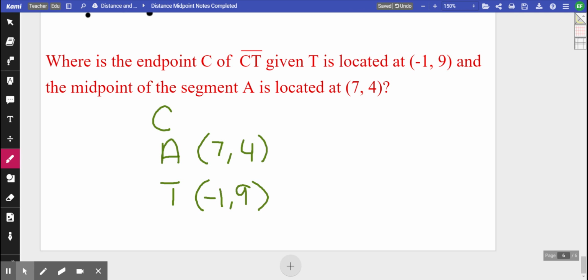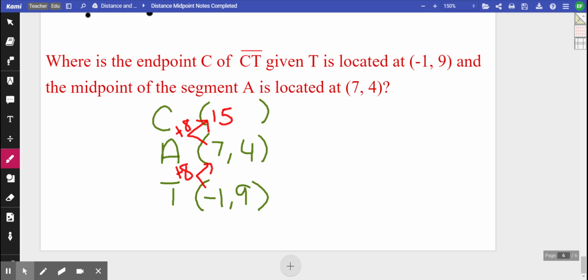And we need to figure out where C is located. So let's take a look. If I start at T, how do I get from -1 to 7? What would I have to do? The difference between -1 and 7 is adding 8. So if I do the same thing, if I'm at 7 and I add 8, I'm going to get 15.